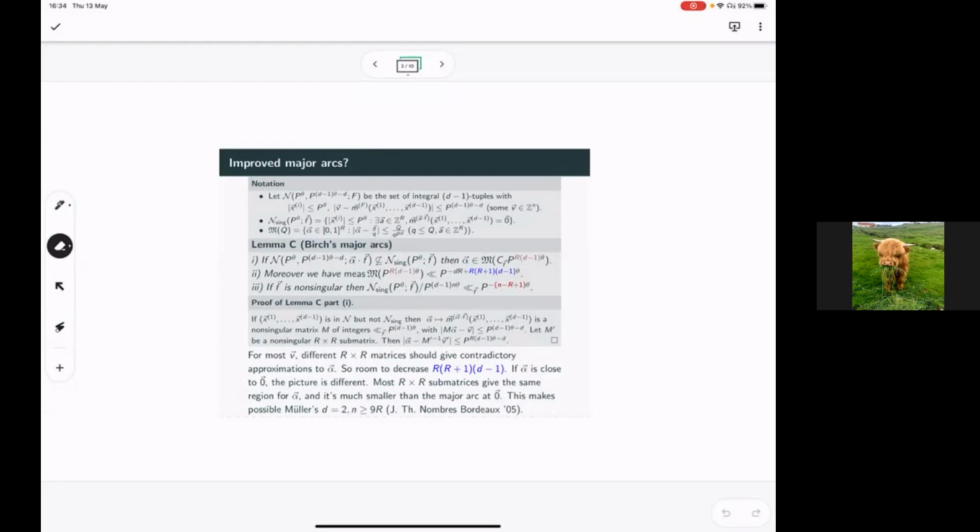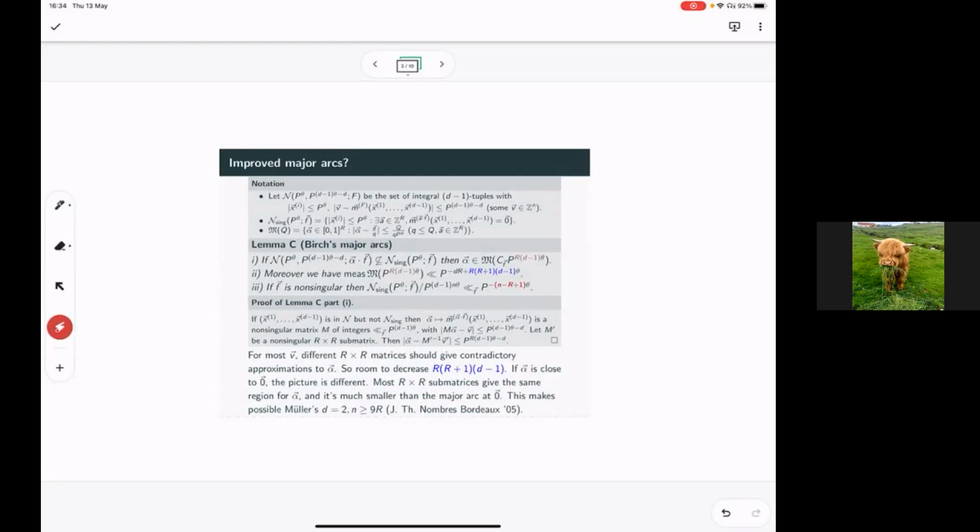And I asserted that the reason I think there's room for improvement in this part of Birch's argument is that when one shows this, one has this system of linear inequalities, so that alpha, your vector that you're trying to approximate, times a matrix of integers is close to an integer vector.